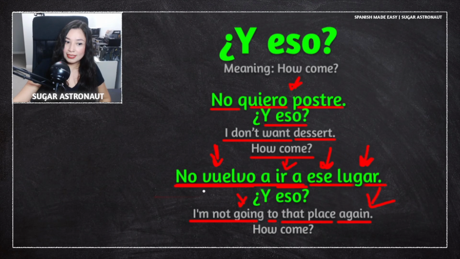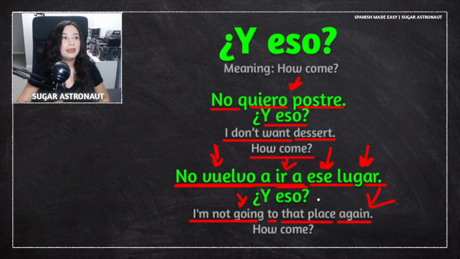Now, if you want to say no vuelvo a ir a eso, it's very vague. You can say it, but it sounds odd. When you don't want to go back to what? Back in time? I mean, I'm kidding. That would not be an option. But it could be an event. It could be a place.